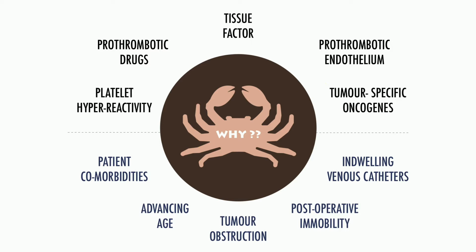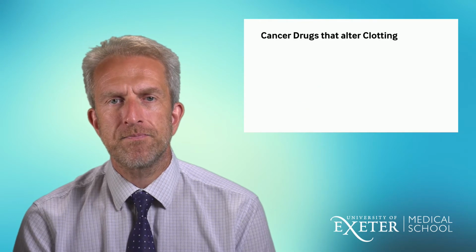So we're putting in indwelling catheters for chemotherapy. They're often going to be immobile. They may have had operations. The tumour itself might be obstructing. And there are a number of pro-thrombotic drugs as well, which I'm going to summarise in the next slide.